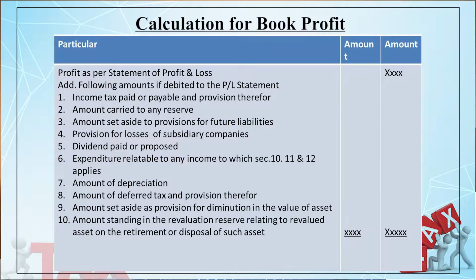You have to add certain amounts if debited to the profit and loss statement, that is income tax paid or payable and provision therefor, amount carried to any reserve, amount set aside to provisions for future liabilities, provision for losses of subsidiary companies, dividend paid or proposed, expenditure relatable to any income to which section 10, 11 and 12 applies.